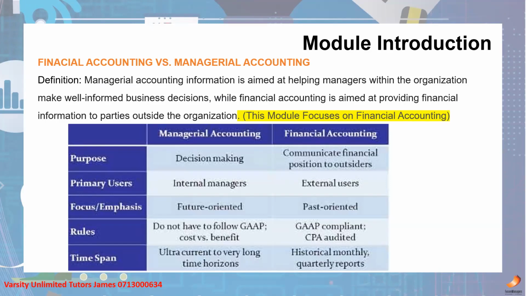So you notice that when we're doing financial accounting, we want to make sure that everything is standardized. The way that I measure financial information at FNB should be the same way that John measures financial information at ABSA. It should be the same way that the accountant at Capitec measures financial information. We should not have different ways of measuring financial information.